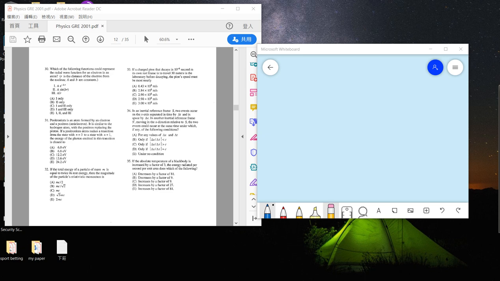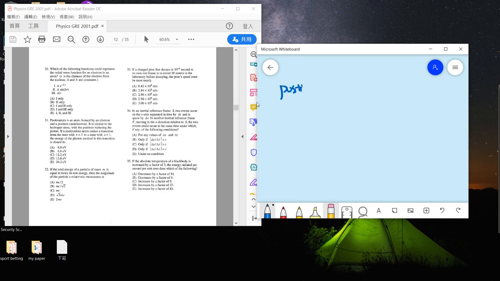So for 31, I already solved this type of question many times, which should remind us that the positronium is really important in this physics subject GRE.